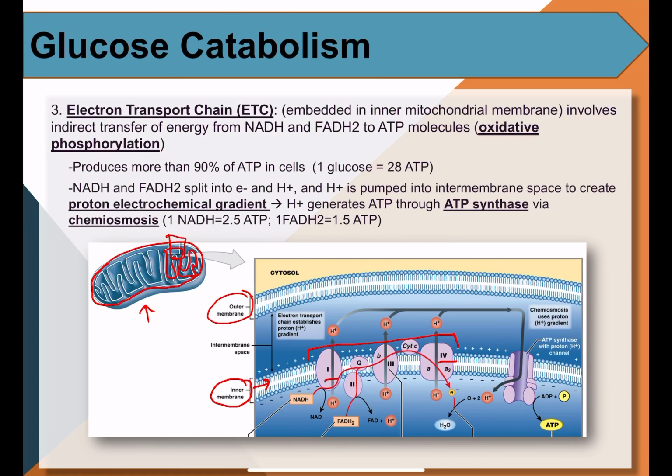Their main job is to do a bunch of redox reactions, like I mentioned earlier, which will oxidize all those NADH and FADH2 that are made within glycolysis and Krebs cycle. Their other job is to pump hydrogen ions into this intermembrane space of the mitochondria, and also they will use oxygen right here as the final electron acceptor.